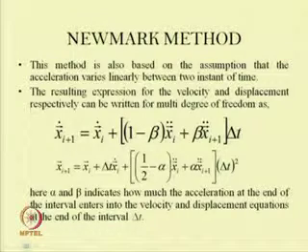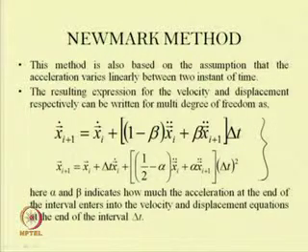Similarly, in the case of the Newmark method, we are also assuming the acceleration to vary linearly between two instants of time. The resulting expressions for velocity and displacement respectively can be written for a multi-degree of freedom system using these expressions.